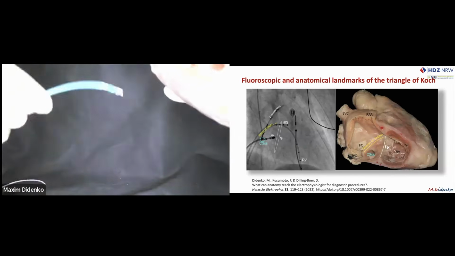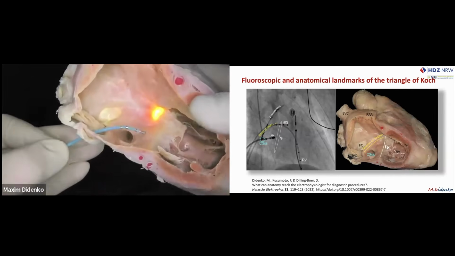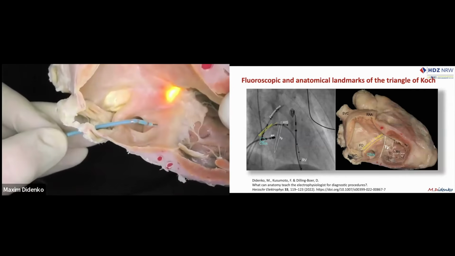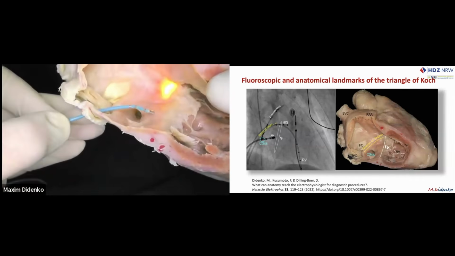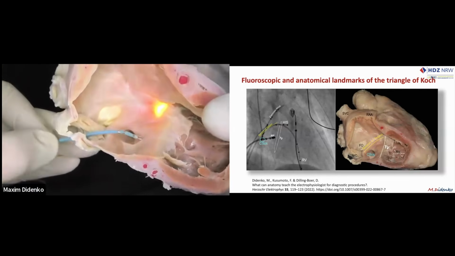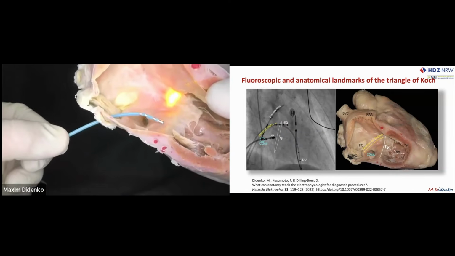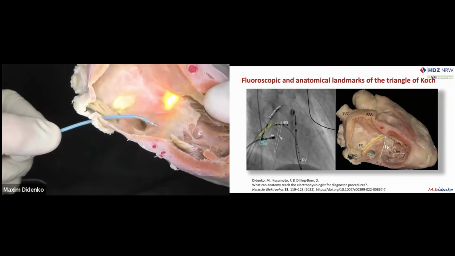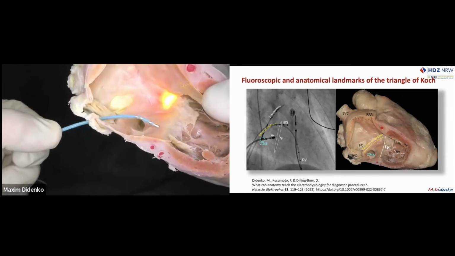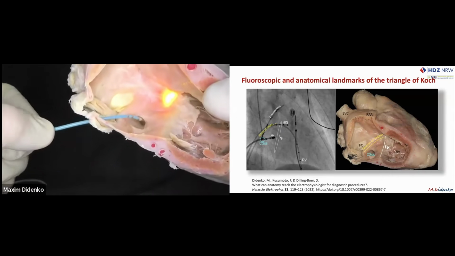And when we ablate, we have to place our catheter here in between the coronary sinus and the tricuspid valve. In most cases, 70, 75, 80%, we can ablate the slow pathway in this area here. What is important, of course, is that you have to apply septal pressure in order to be more septal, but if you do it too much, you will go into the coronary sinus.